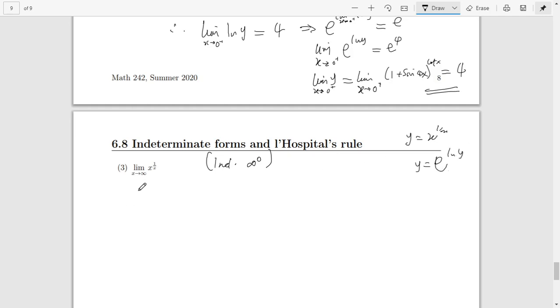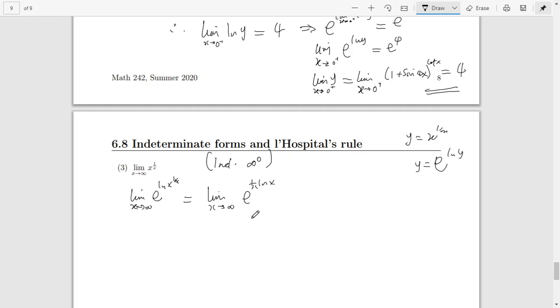So I'm just going to write this as the limit as x tends towards infinity of this whole thing, the exponential of the natural log of x to the 1 over x. And by the law of logs, this is going to be the limit as x tends towards infinity of the exponential. This power is going to come down, so I have 1 over x multiplied by this.